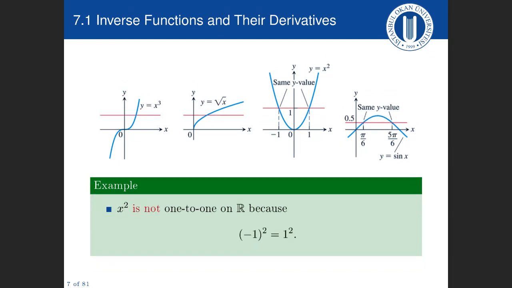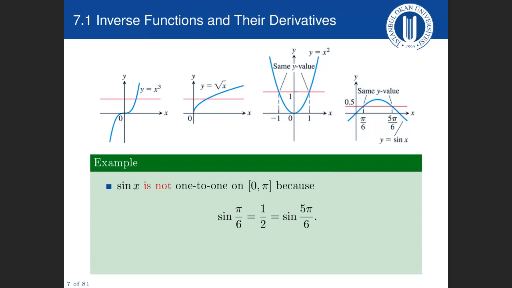But x squared, looking at this picture now, is not one-to-one on R, because, for example, minus 1 squared is the same as 1 squared. And looking at the fourth picture, sine x is not one-to-one on the domain closed interval from 0 to pi, because sine pi over 6 is a half, and sine 5 pi over 6 is also a half.